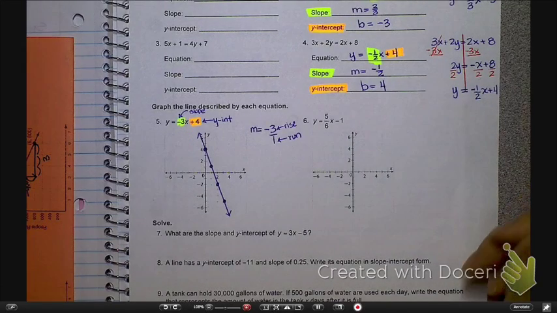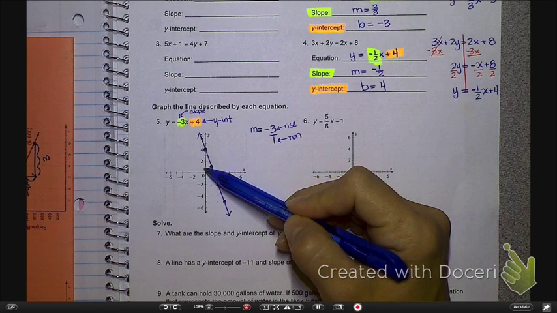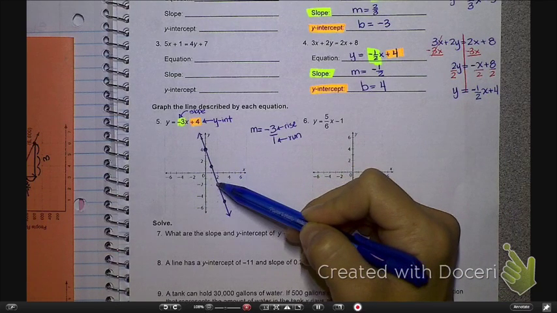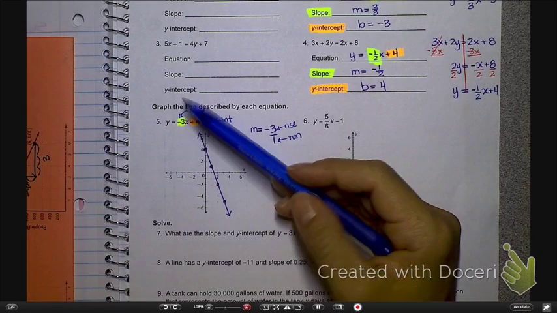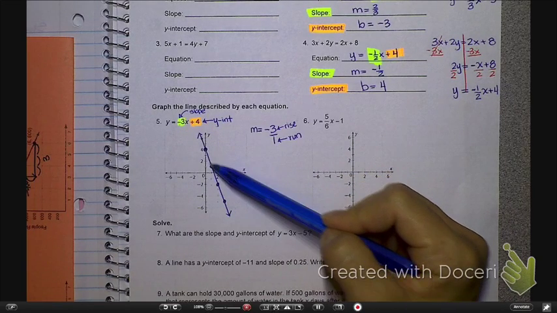Are there questions on how we did that one? No? Okay. All right, does everyone understand why we go down and to the right? Because when we're dealing with our slope, which way do we go? From left to right.